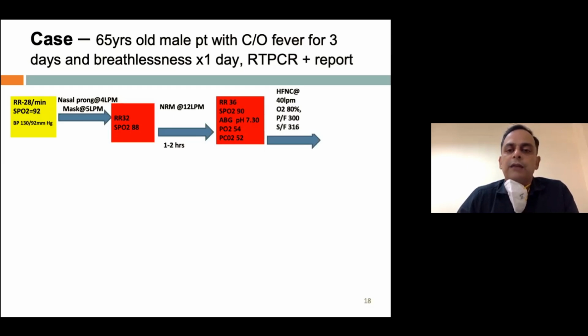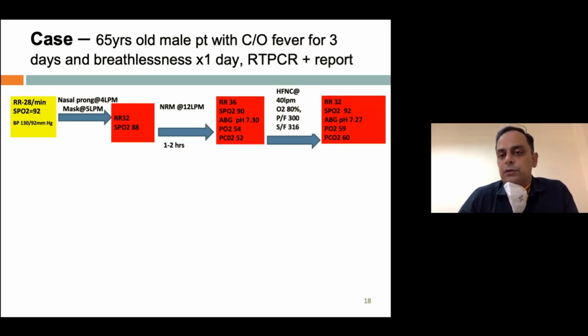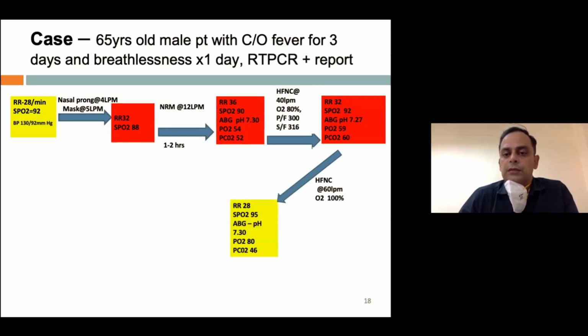And if with high flow nasal cannula, we find that now the patient's PCO2 is also building up and the patient's PO2 is not maintained, then we will have to increase the flow in the high flow nasal cannula also. Suppose we are giving 100% oxygen and 60 liters per minute of flow in high flow nasal cannula, and then we repeat ABG, now we can see the respiratory rate has settled a bit and oxygenation has improved with a PO2 of around 80.